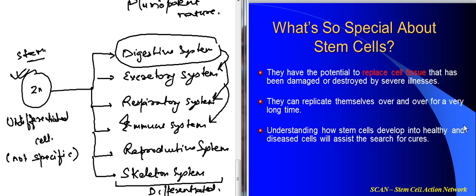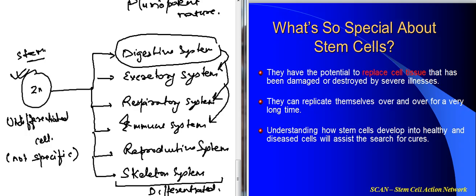And third, it can be retained and cultured, and the cells stay alive for a long period of time. They have a self-renewal property. They can replicate themselves for a long period of time. That's why it's very easy to conserve also.